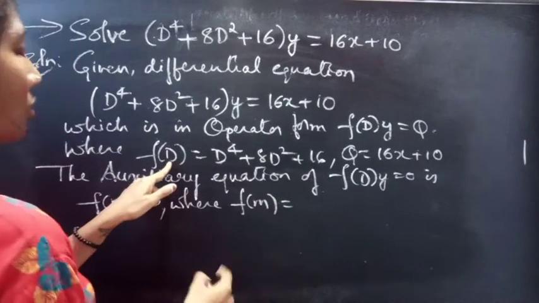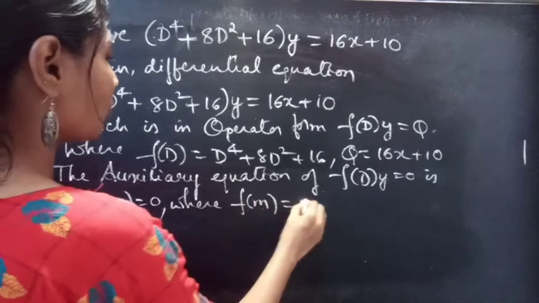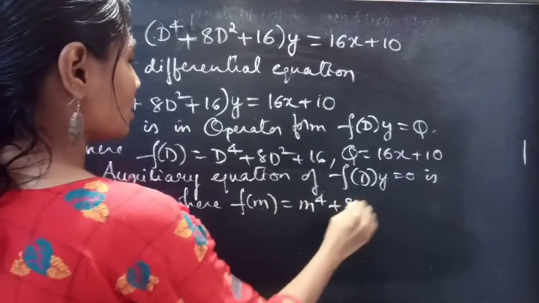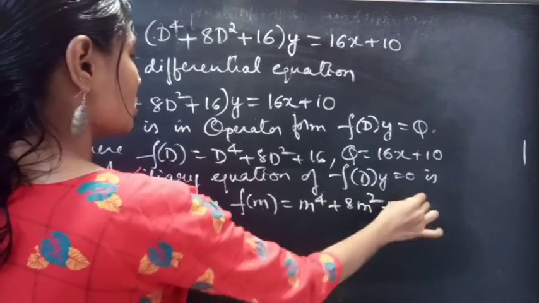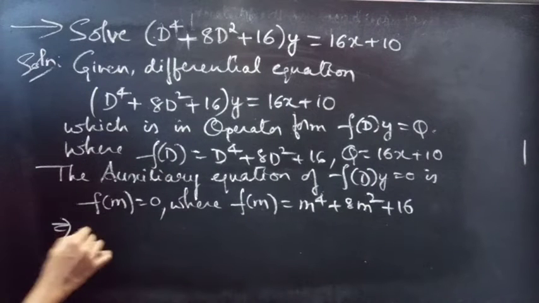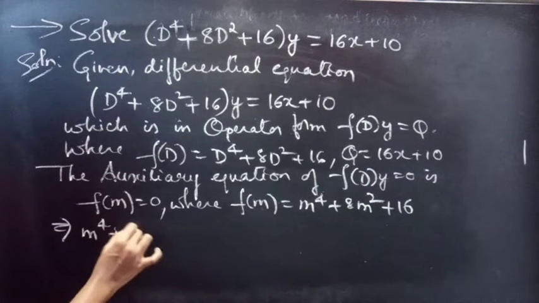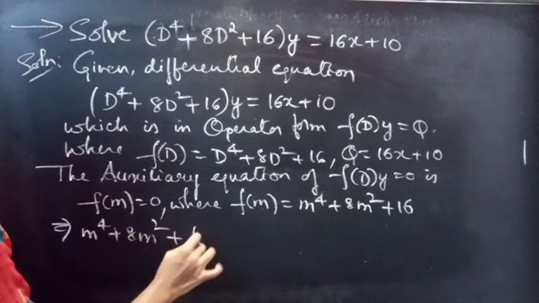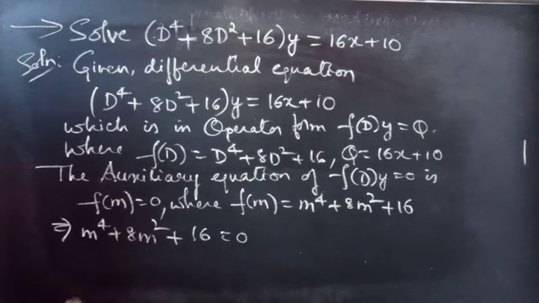So by replacing the differential operator by m, we get F(m) = m^4 + 8m^2 + 16. Then our auxiliary equation becomes m^4 + 8m^2 + 16 = 0.